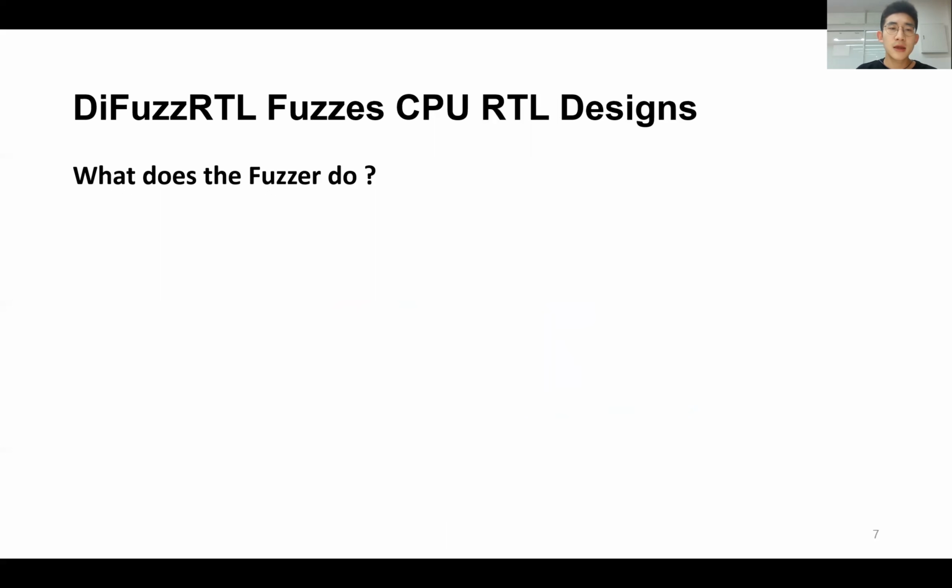As the name says, DifuzzRTL fuzzes the CPU RTL designs. With the advent of AFL, the fuzzer has become one of the most famous tools to find bugs in software programs. The key idea behind the fuzzer is very simple. It continuously mutates the input and tests the program while increasing the coverage.